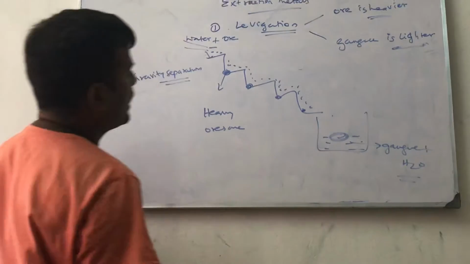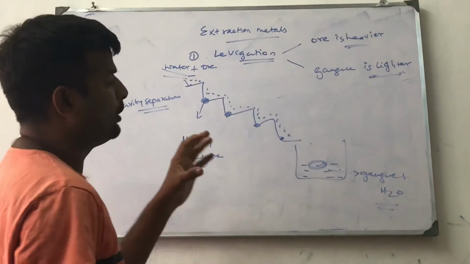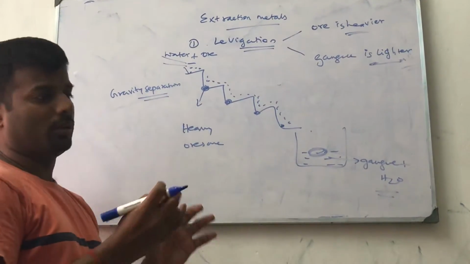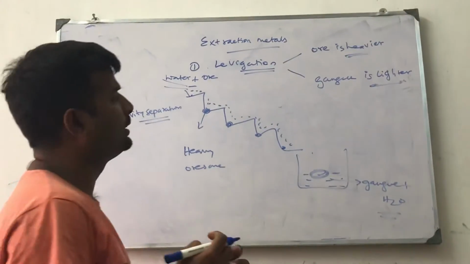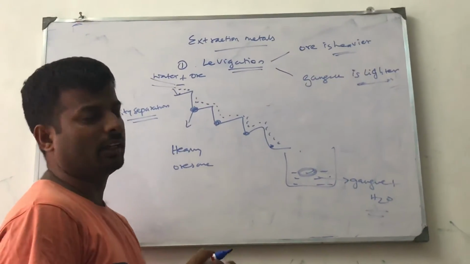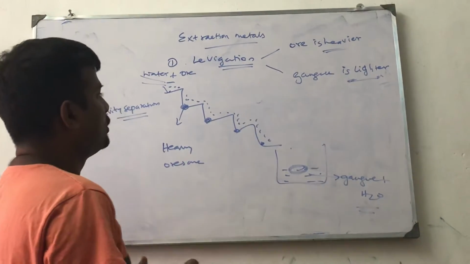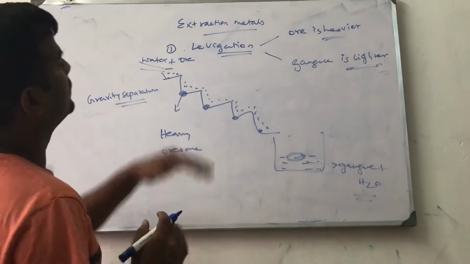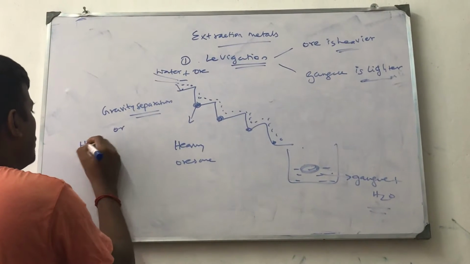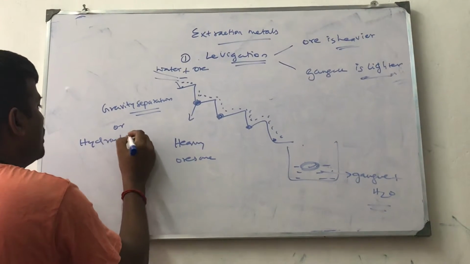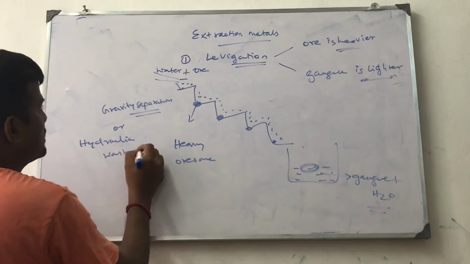In this step, we remove a material containing ore plus earthly impurities like sand, clay or other things called gangue mixed together. We have to wash. This is called washing, hydraulic washing.